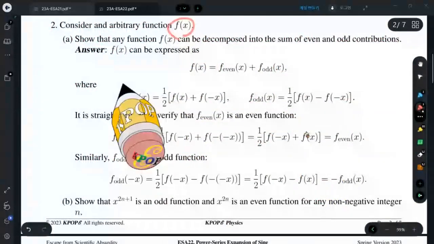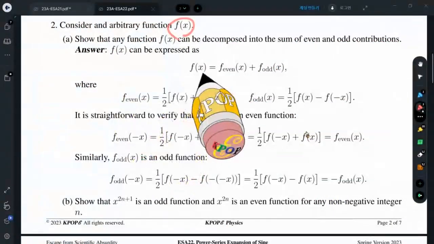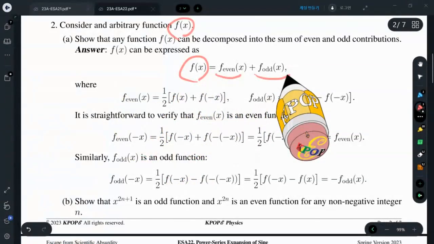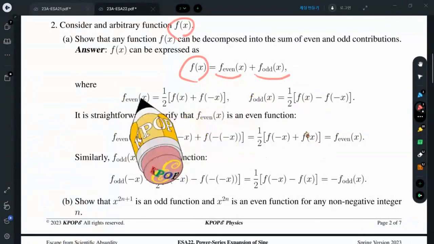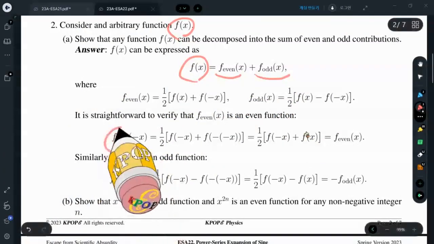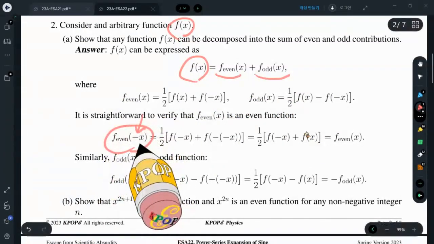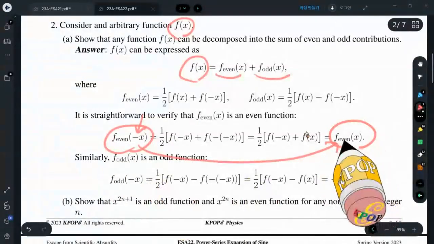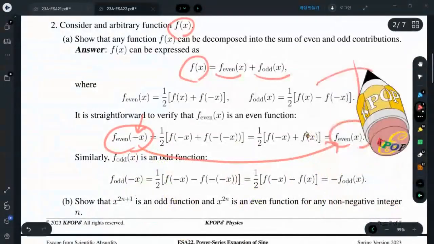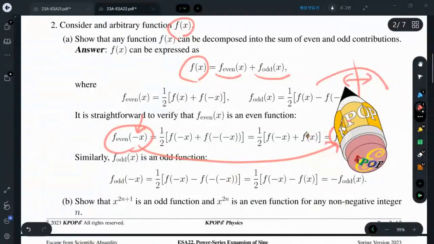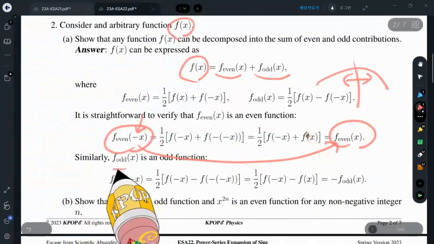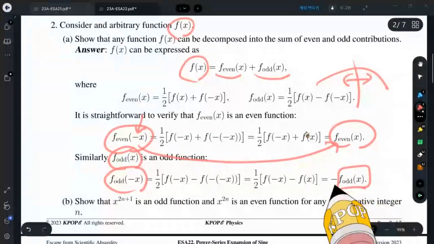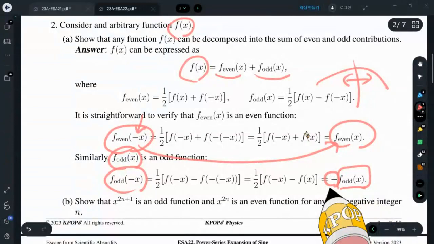Middle school students know that a function can always be decomposed into even and odd parts. An even function is one where, if I substitute minus x, I get the same function. That's the reason why it has left-right symmetry. An odd function, however, has the same magnitude but opposite sign.